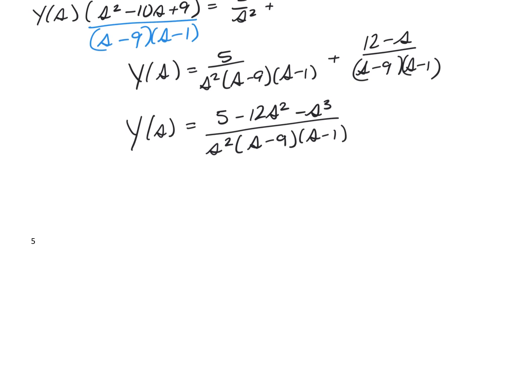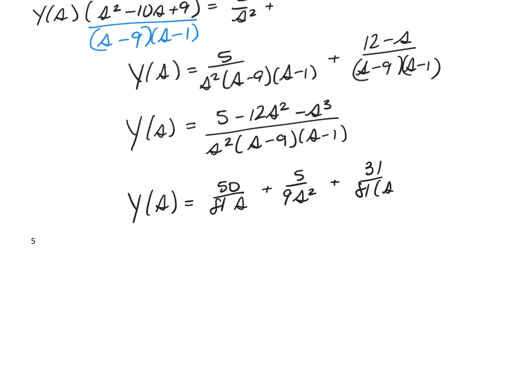I'm going to do the partial fraction decomposition on this, and what I end up with, cap Y of s is equal to 50 over 81s plus 5 over 9s squared plus 31 over 81 times s minus 9, minus 2 over s minus 1.